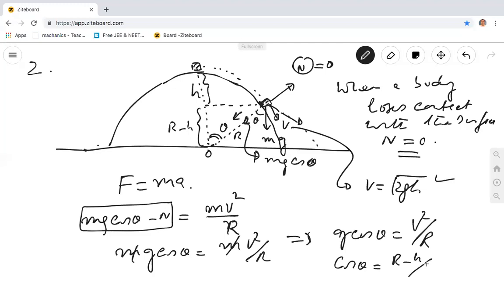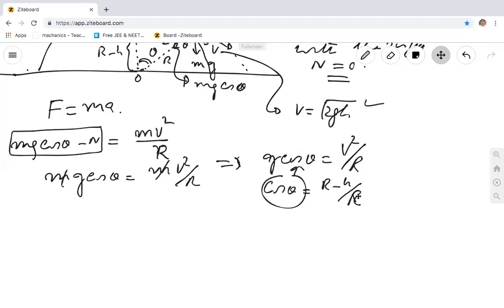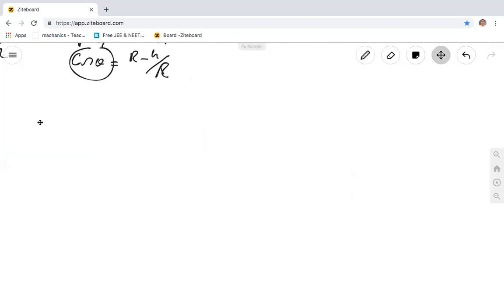Okay? Yes sir. Shabash. Now put this cos theta here. Let me see what happens. So g cos theta is (R minus h) by R is equal to, what was on the right side? mv square by r, v square by r.